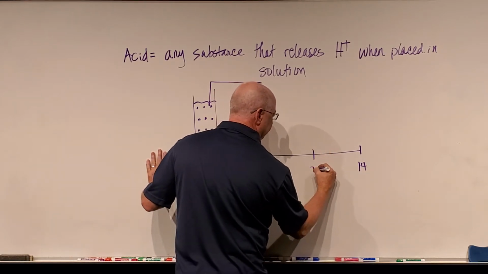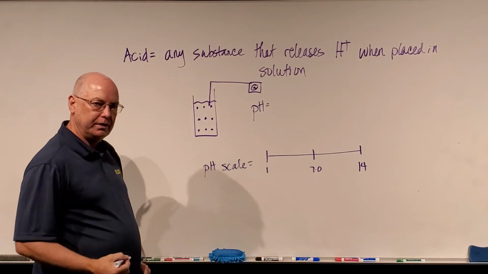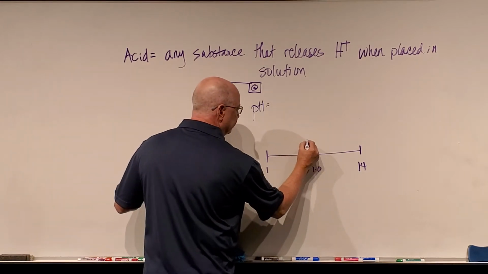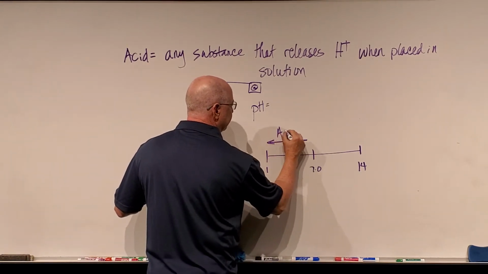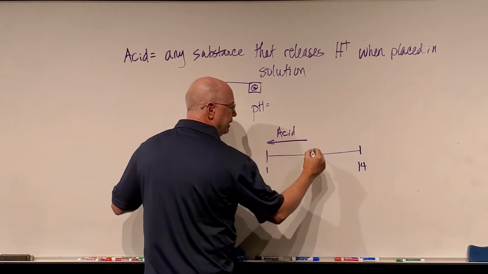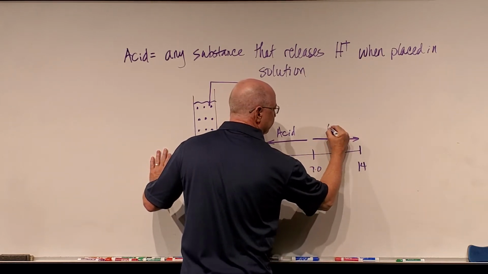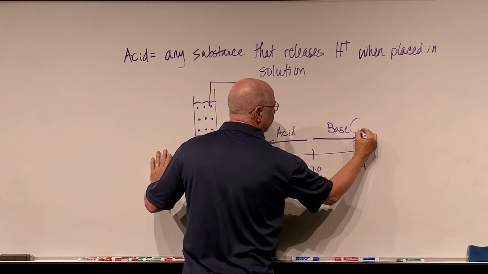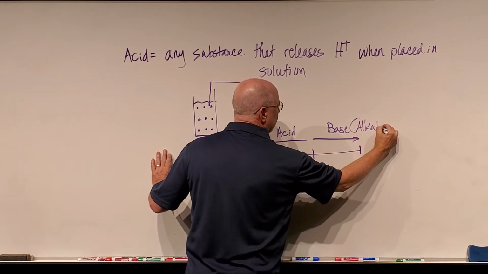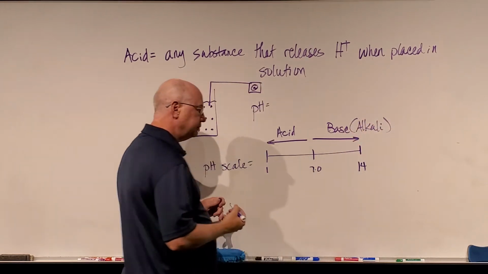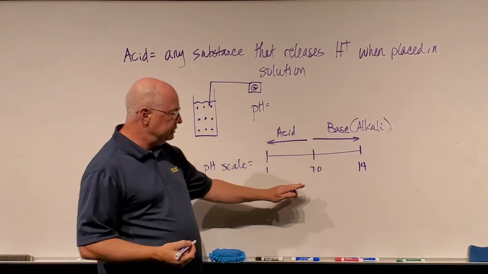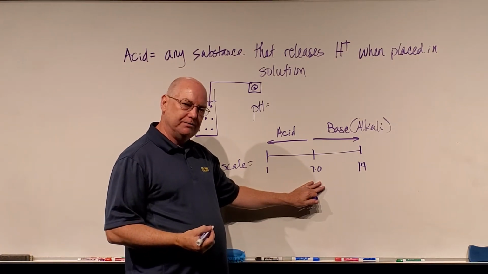And right in the middle would be 7.0. Anything that has a pH lower than 7.0 is said to be an acid. And anything that's higher than 7.0 is said to be a base, or another way to say base is alkali. 7.0 is neither an acid nor a base.